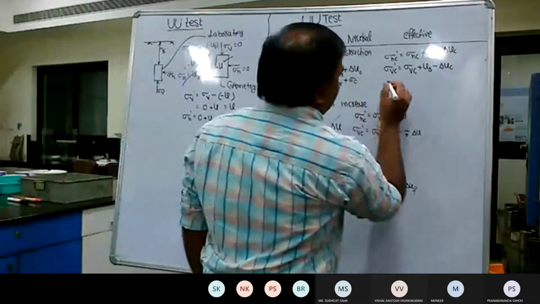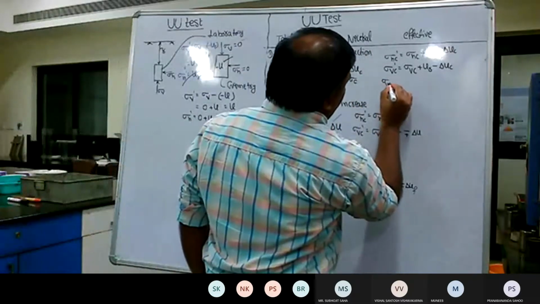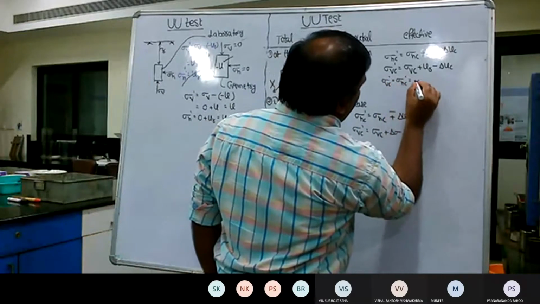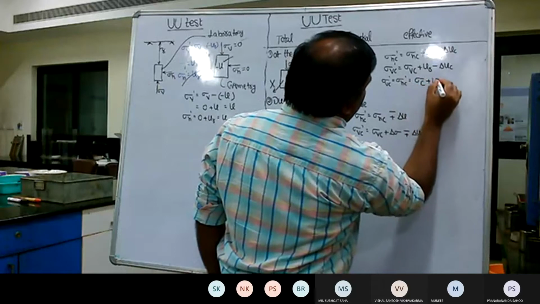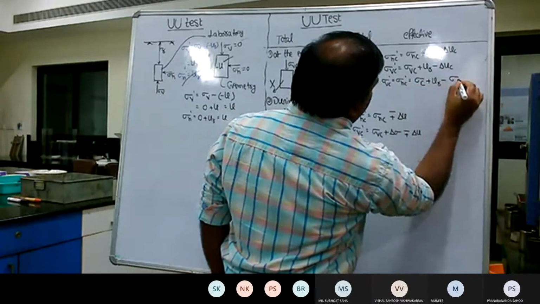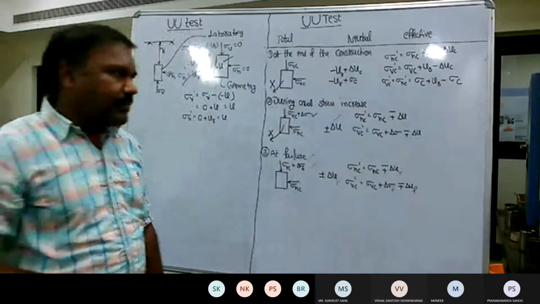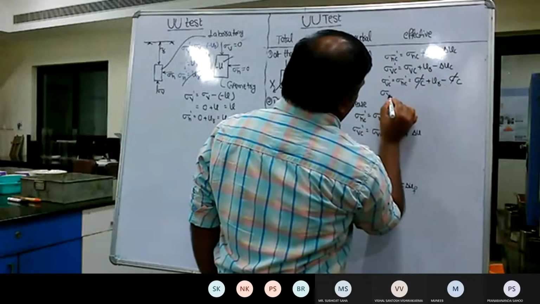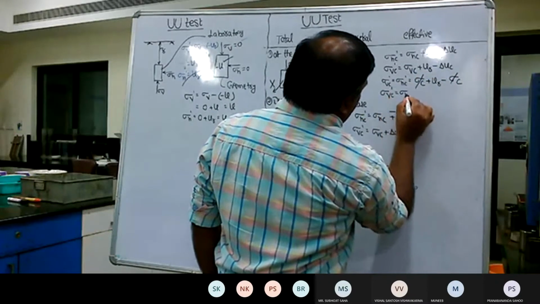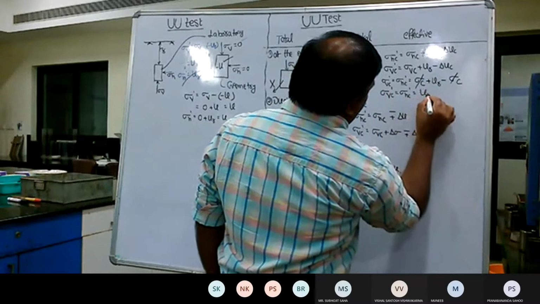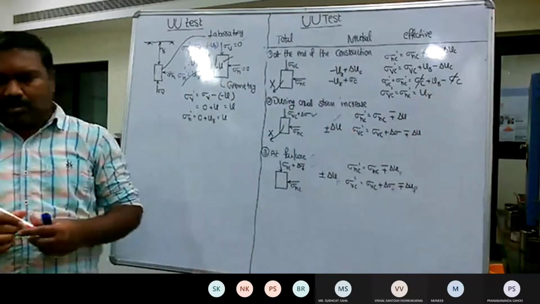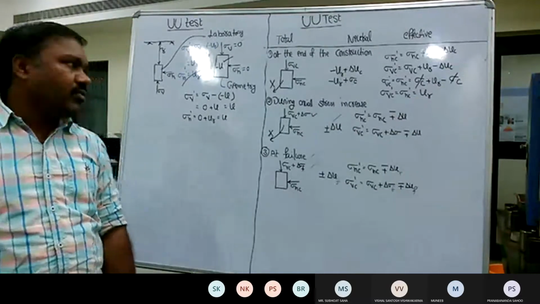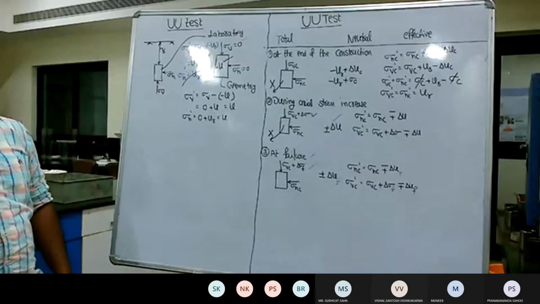So in that condition, sigma VC dash is equal to sigma HC dash, which is sigma C plus UR minus sigma C. These two will get cancelled out, so sigma V dash and sigma HC dash will become the net pore water pressure. That is the condition of the soil sample.